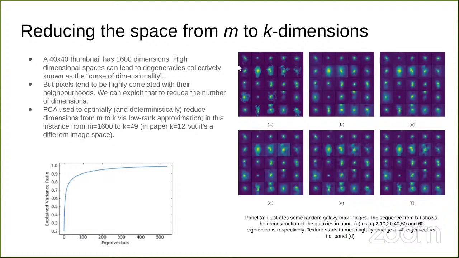In this panel, the original is in A, and B is the approximation that you get if you just had 2 eigenvectors. And then C is what you'd get if you kept 10, and then this is 20, and then E is 40, and so on and so forth.